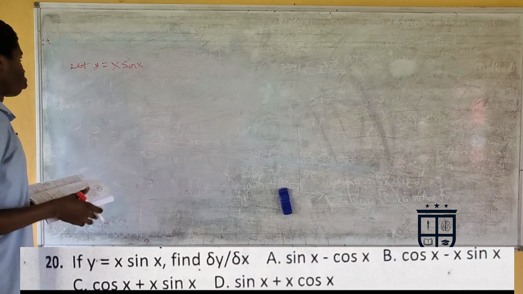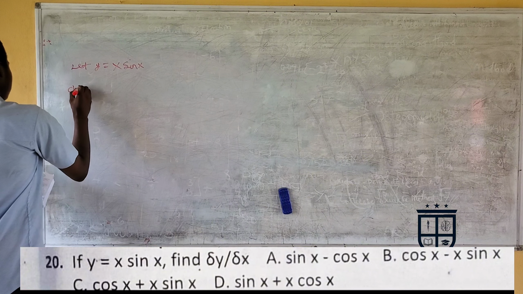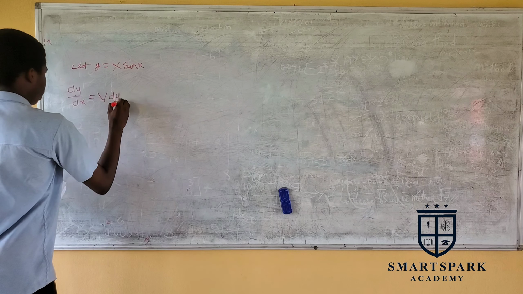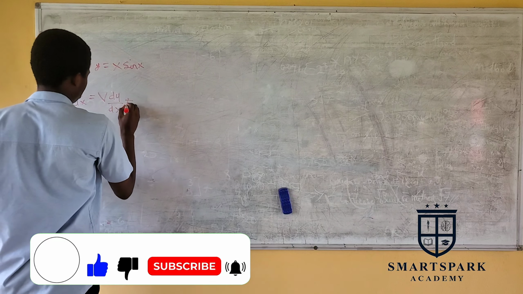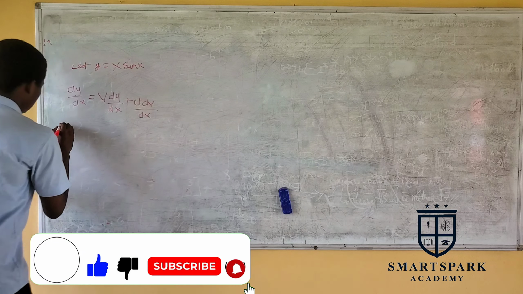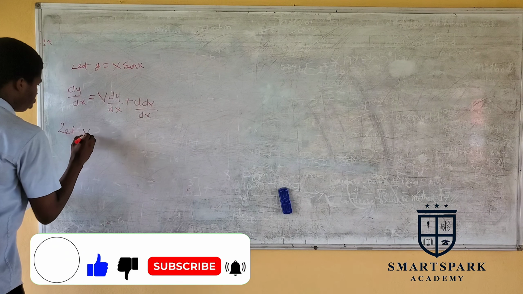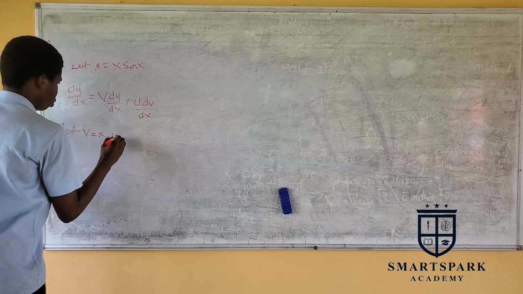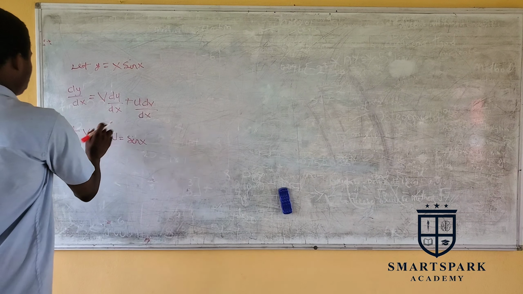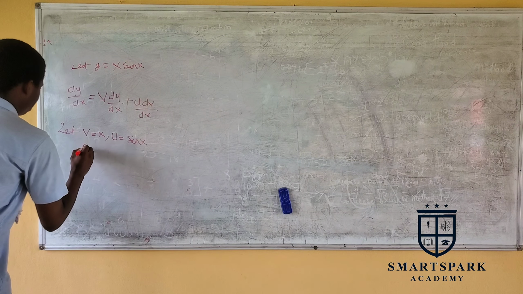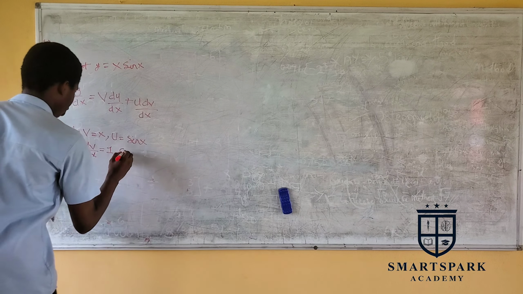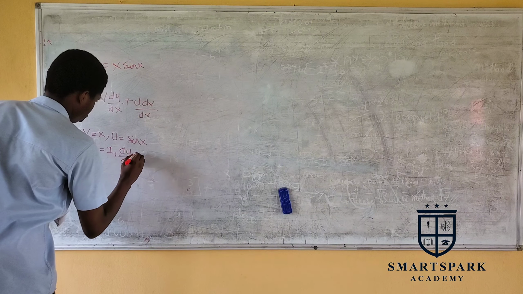So for the product rule: dy over dx is equal to v du over dx plus u dv over dx. So now we can say let v equal x and let u equal sine x. We are going to differentiate u and v. So now dv over dx is equal to 1 and du over dx is equal to cos x.